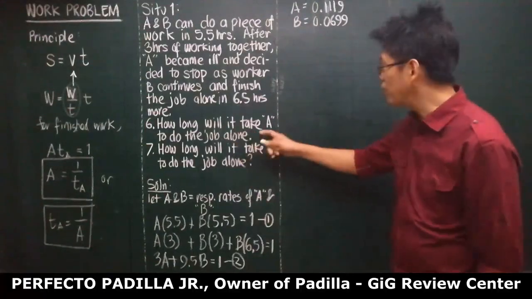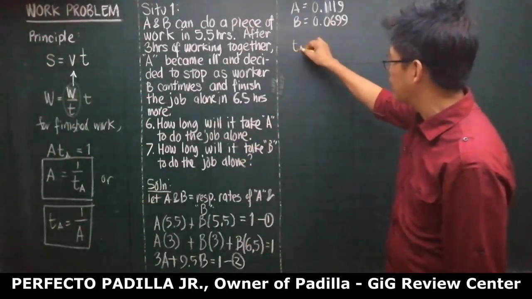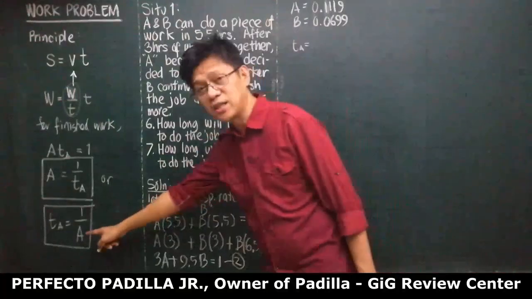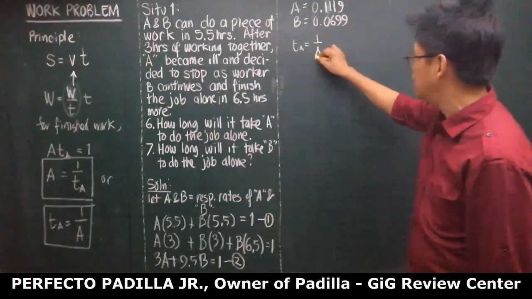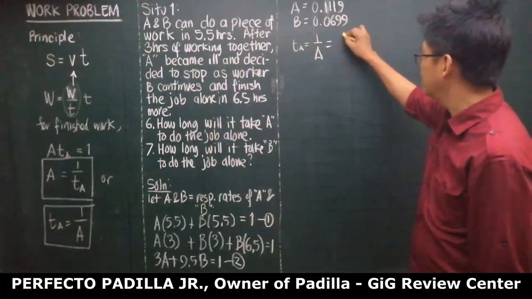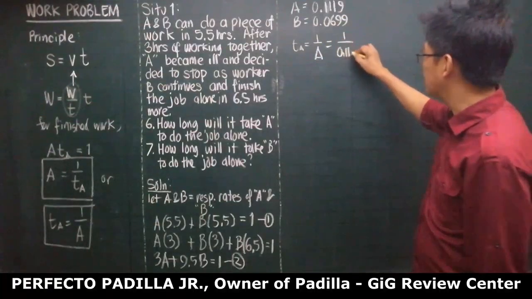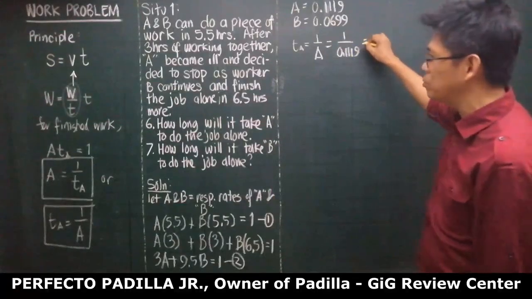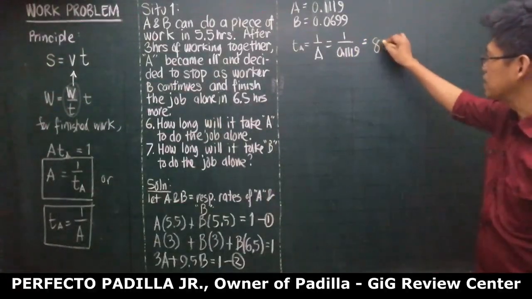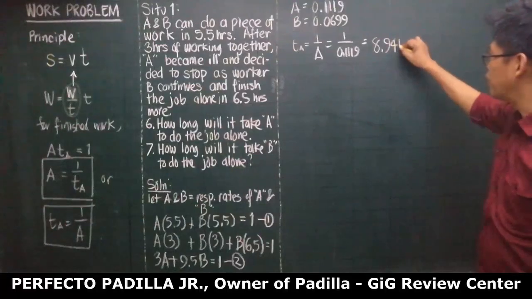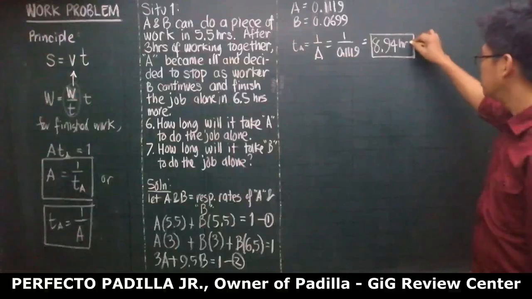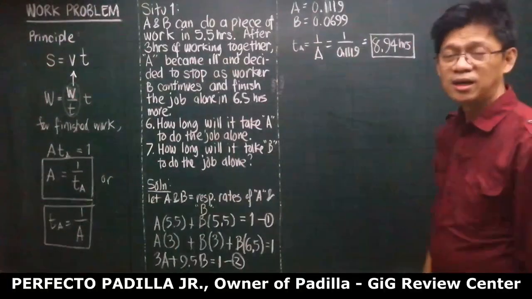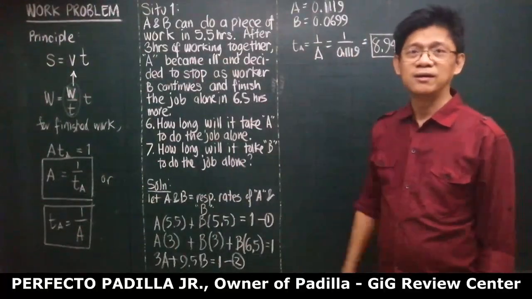So, the time for worker A to finish the work alone, as we said, that's the reciprocal of the rate. So, this is 1 over A. So, 1 over 0.1119, you compute this and you'll get this as 8.94 and the unit of time we've been using is hour. So, this is the time A can finish it without the help of B. Okay?